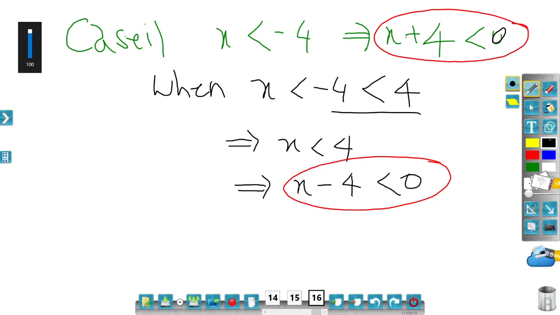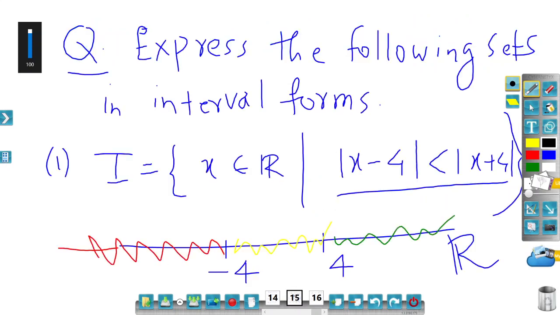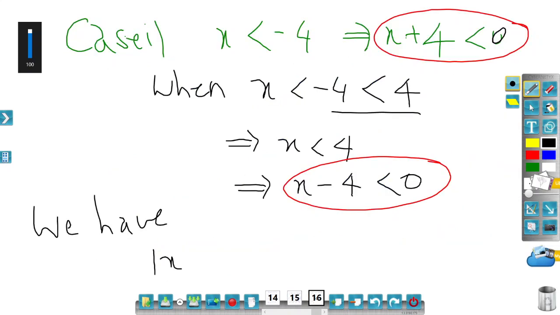So what I have is as follows: mod(x minus 4) is less than mod(x plus 4).